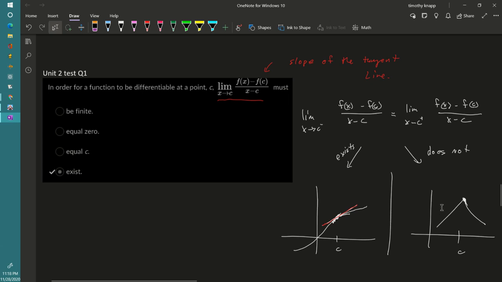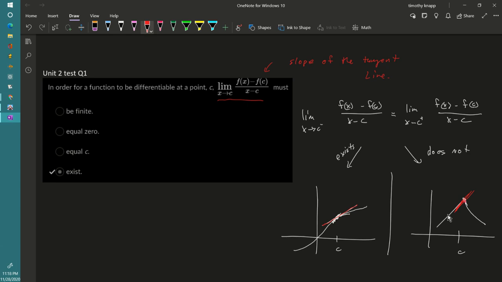Okay. Now, what does it look like when it's not differentiable? Well, here you can see C, and if I approach from here, I choose various secant lines going along, and those secant lines are all like that.